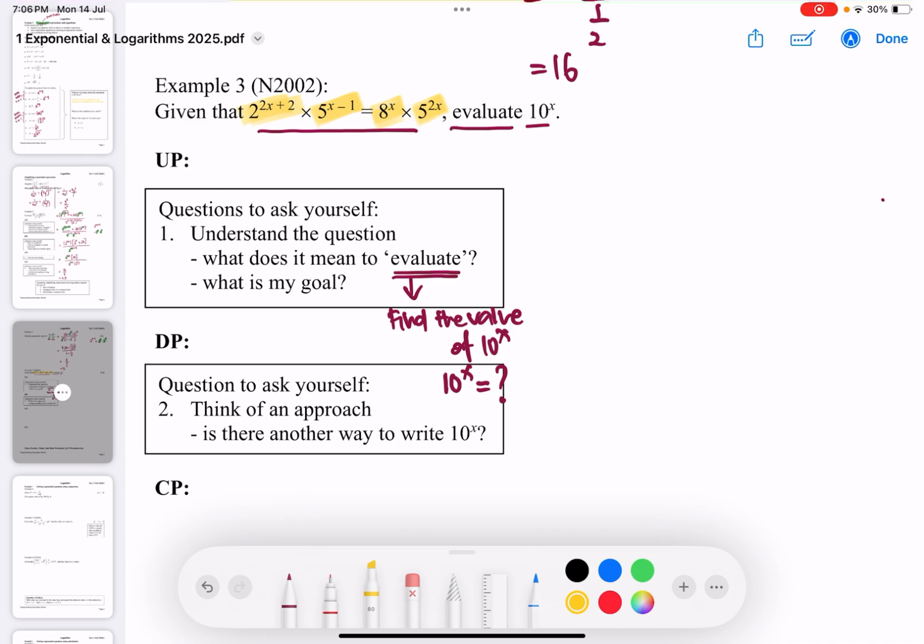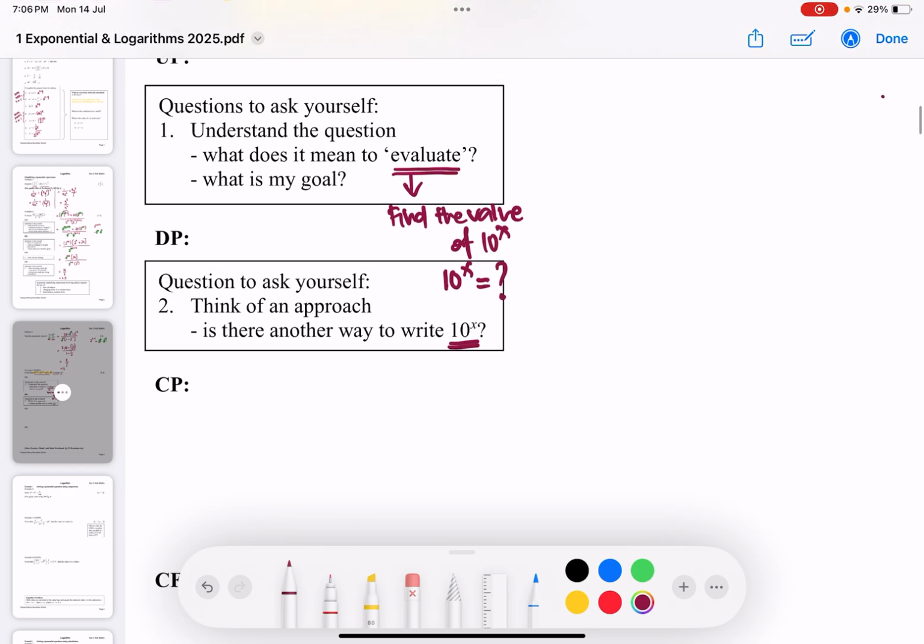Next question to ask yourself is, how are we going to end up with 10 power x? I saw 2, I saw 5, 8. These are the numbers I saw in the equation. How am I going to end up with 10 power x? So let's think about, is there another way for us to write 10 power x?